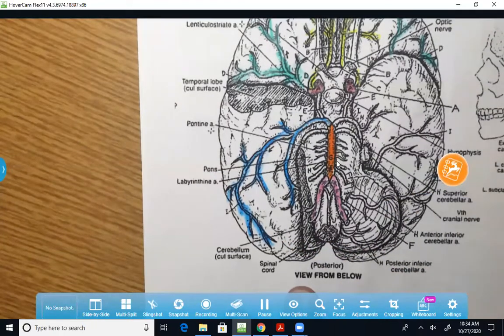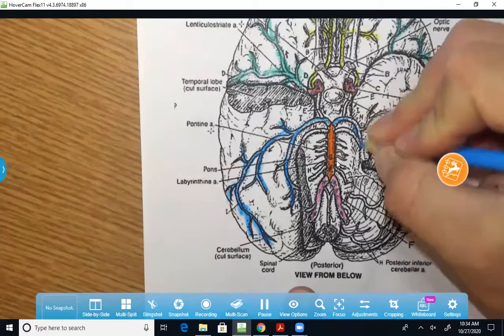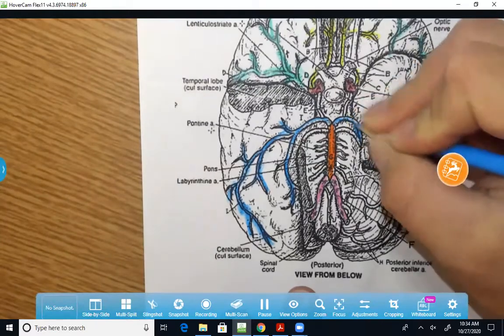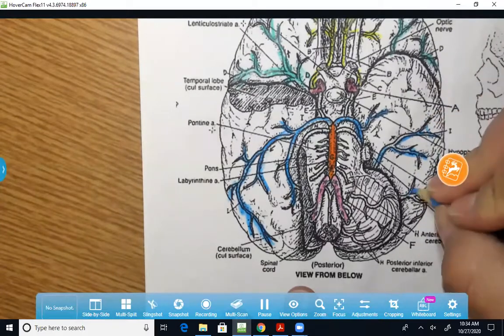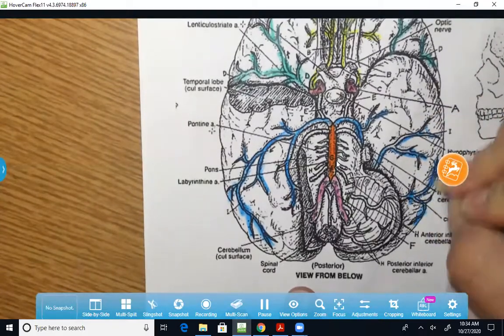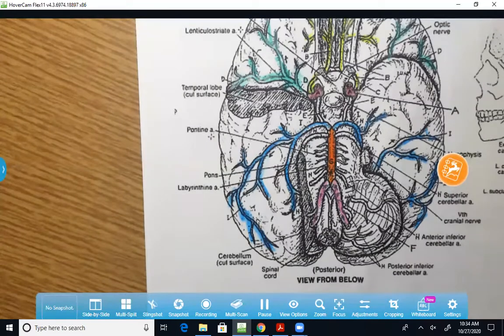Over here where the cerebellum's intact, we still see some of it, just not as much. It's in that little groove between cerebellum and the cerebrum.